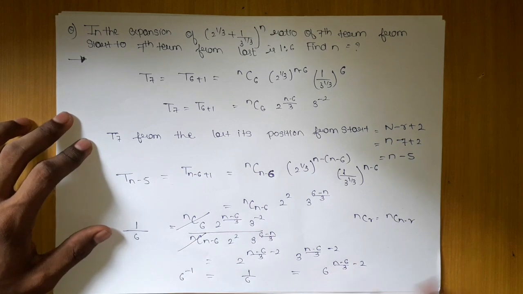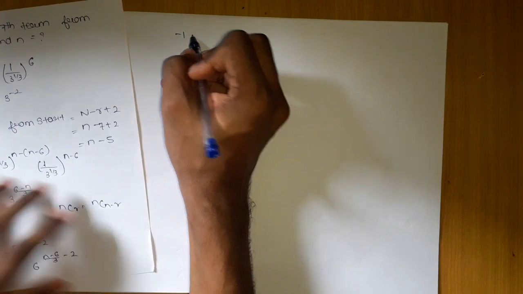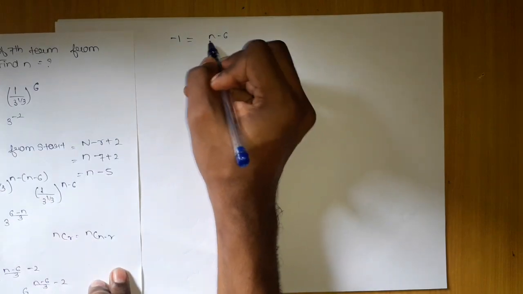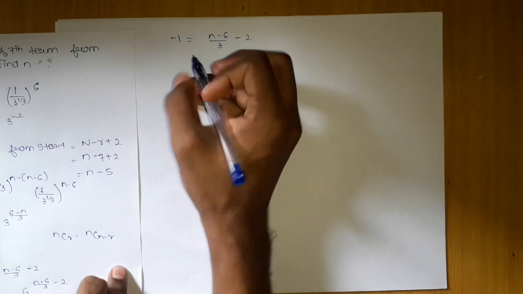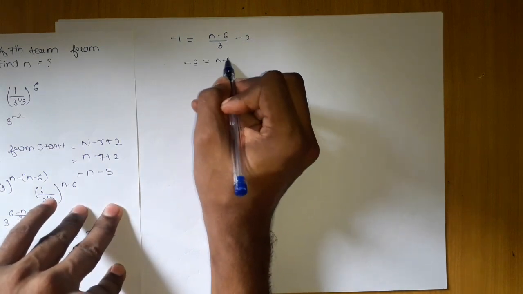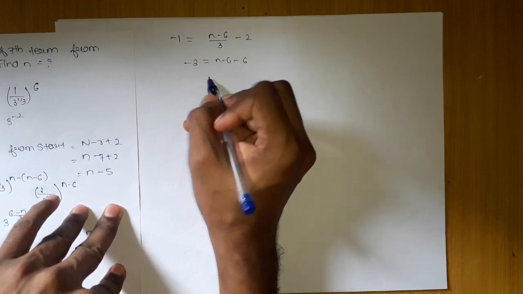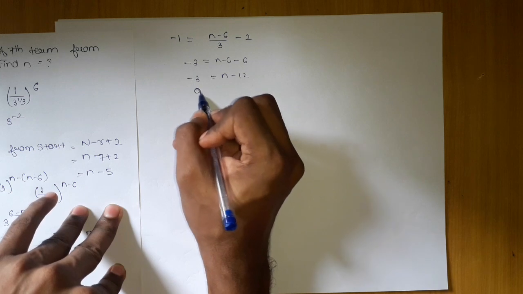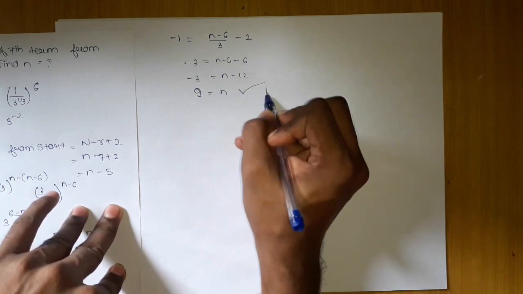So you have to equate these powers and get the n value. Minus 1 should be equal to (n-6)/3 minus 2, and if you cross multiply, minus 3 will be n minus 6 minus 6, that is n minus 12. If you move it, 9 will be your n. So this is your answer.